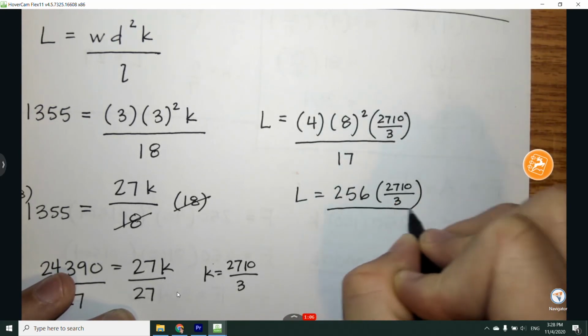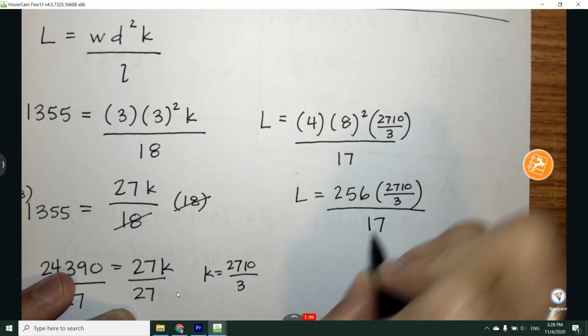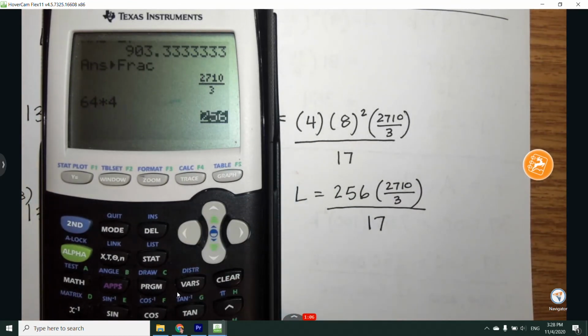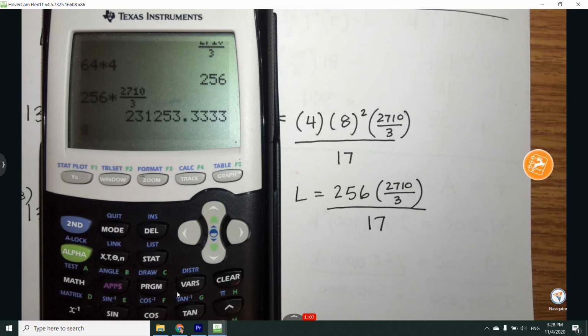And then we're going to divide all that by 17. So on our calculator, we got all that stuff here. So we can do this one times this one, and then we can divide this all by 17.